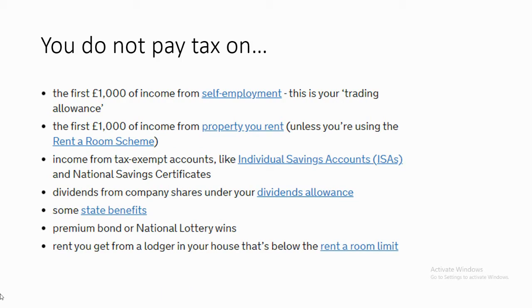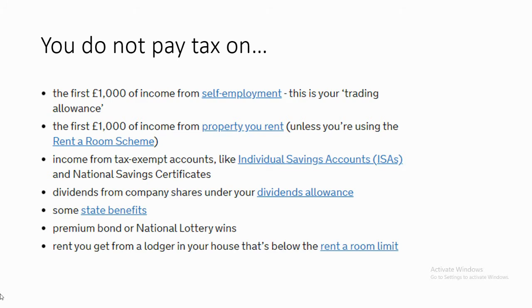What things don't you pay income tax on? So the first £1,000 of self-employment. Same for the first £1,000 you earn through rent. Anything that's tax exempt. So, for example, you can get certain savings accounts called ISA accounts, which are tax exempt.